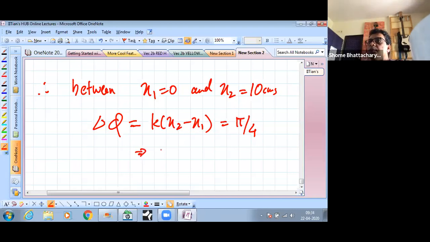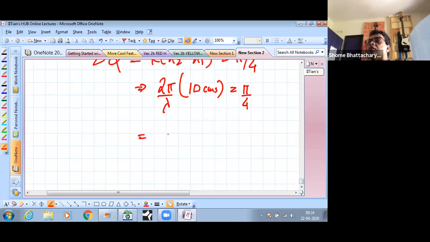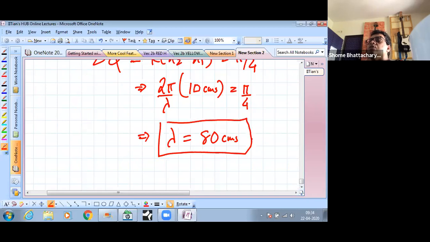So replace k with 2 pi by lambda and this with 10 centimeters, and that is nothing but pi by 4. So you can immediately see that your lambda is how much? It is 80 centimeters. And once you open the value of lambda, rest of the things become very easy.